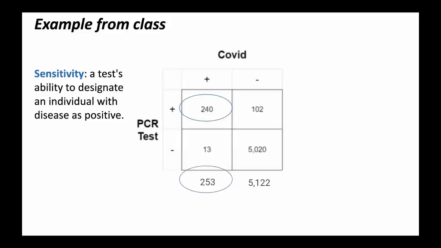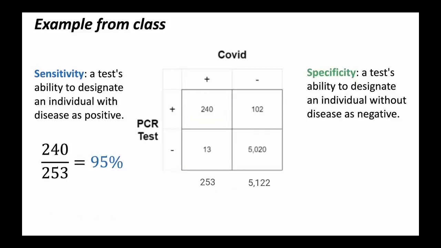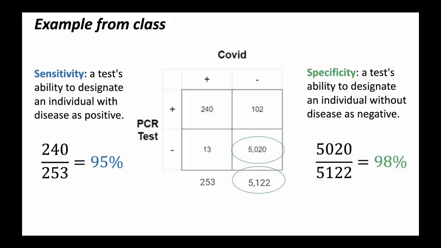You calculated the sensitivity, and it was 95%. The higher the sensitivity, the fewer the false negatives. No test is perfect. So there are going to be some cases of COVID that the test misses. Similarly, on the other side, you calculated the specificity, and you found that it was pretty darn good, 98%.